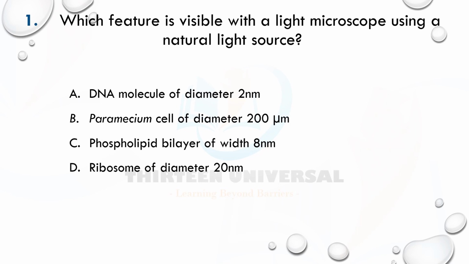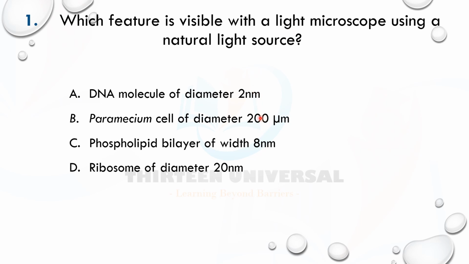Now, they said which feature is visible with a light microscope. Remember that the resolution of a light microscope is 200 nanometers. You can only see structures from 200 and above. You cannot see any structure whose size is below 200.